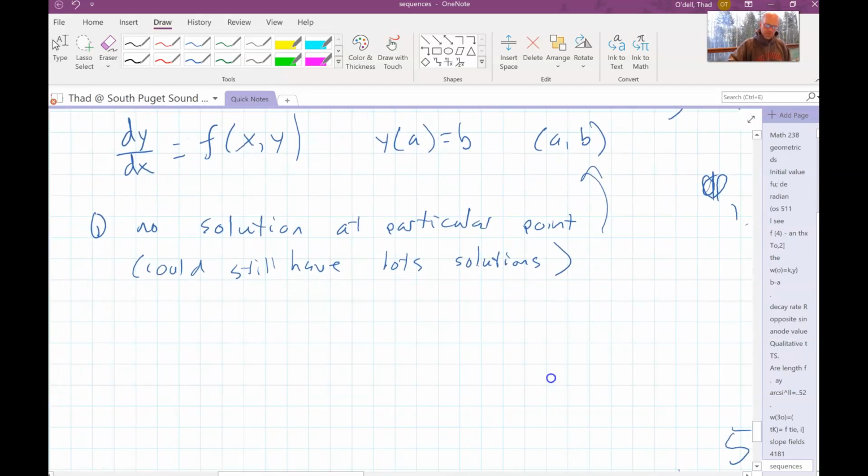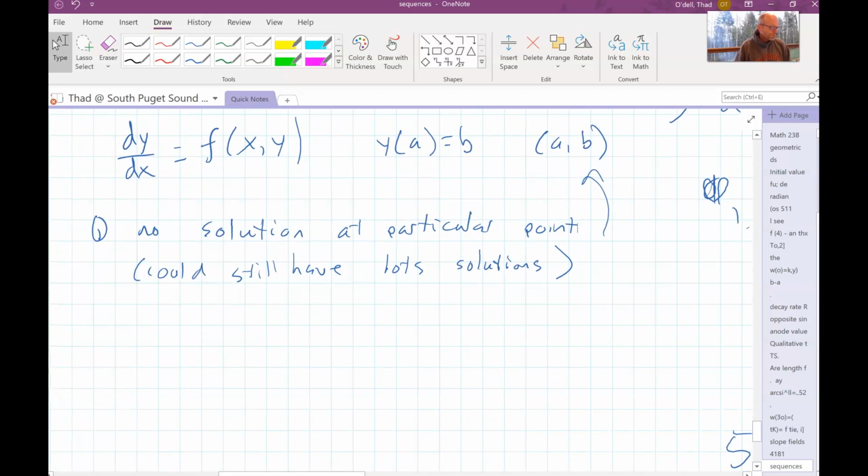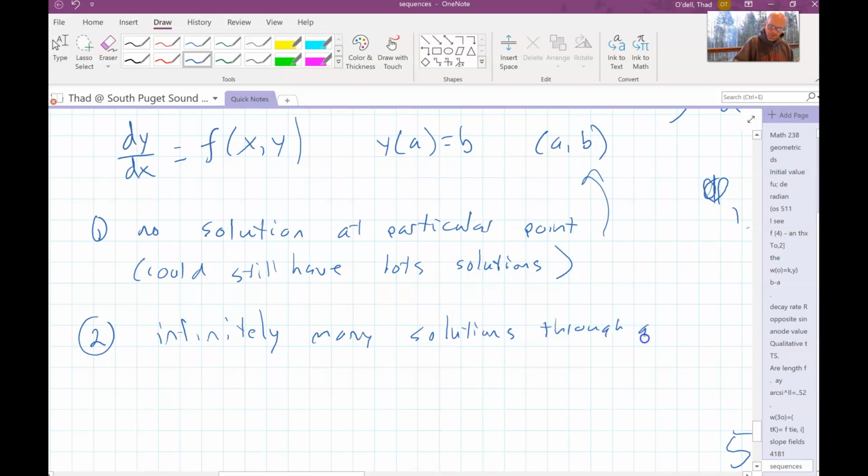Okay, so the second possible case would be that there are infinitely many solutions through a point. So it's possible that I have a differential equation, and we're checking at a certain point, and there's an infinite number of solutions that go through that point.